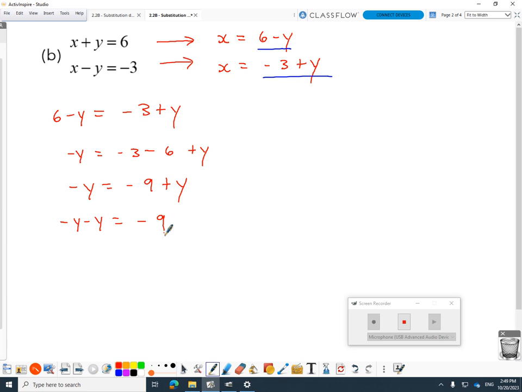Negative 2y equals negative 9. Negative 9 over negative 2. 4.5. I'm going to live with decimals. I'm going to live with decimals if you go to decimals on these, okay?